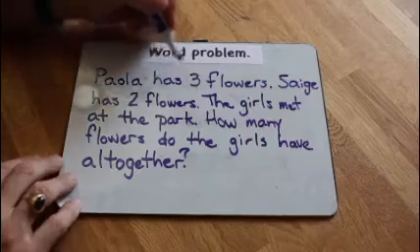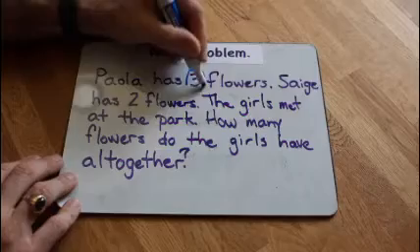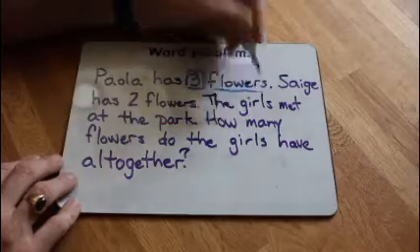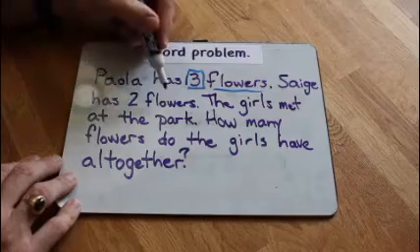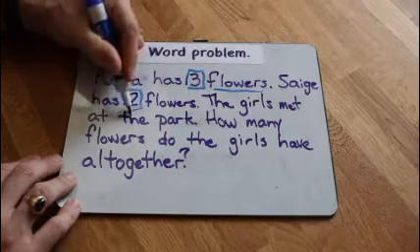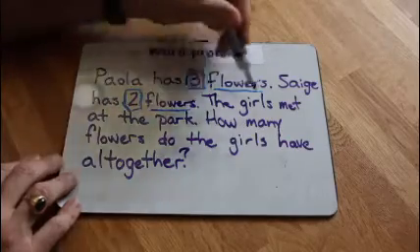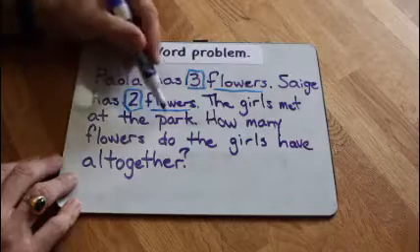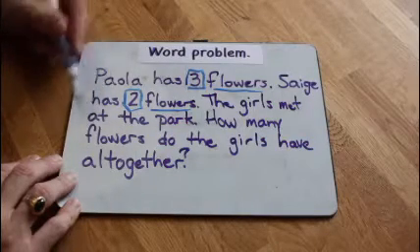Paula has 3 flowers. What's important? She has 3 flowers. Sage has 2 flowers. What's important? 2 flowers. The girls met at the park. What's important? Nothing really.